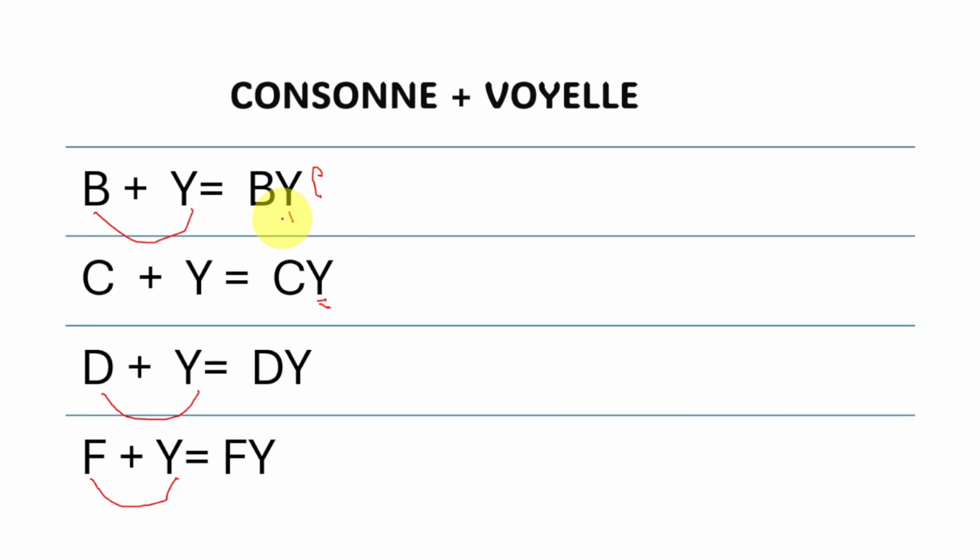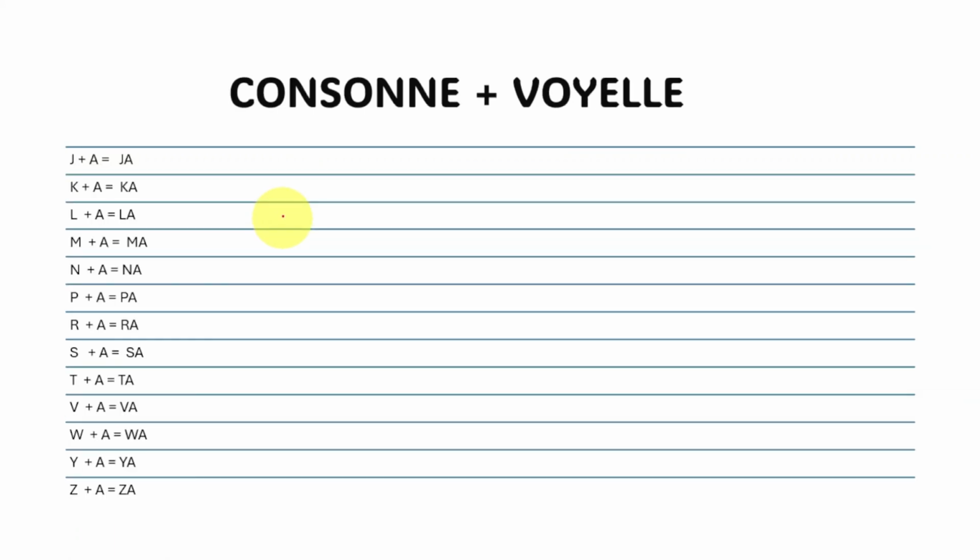So we come here. For example, when we combine this together, it sounds like ja, Jakarta. Here it sounds like ka, not carrot, no, ka. Here it sounds like la. Here it sounds like ma: ma maison, ma soeur, ma tante, ma maman, ma patronne, ma directrice.